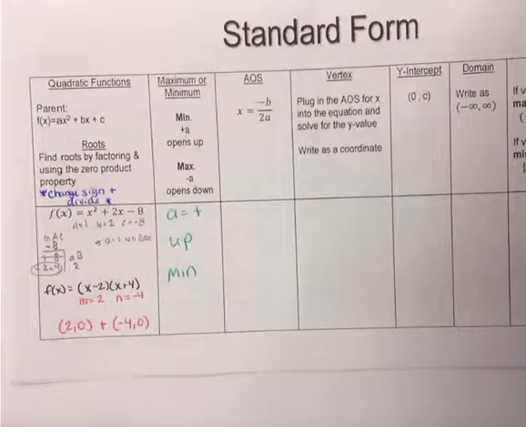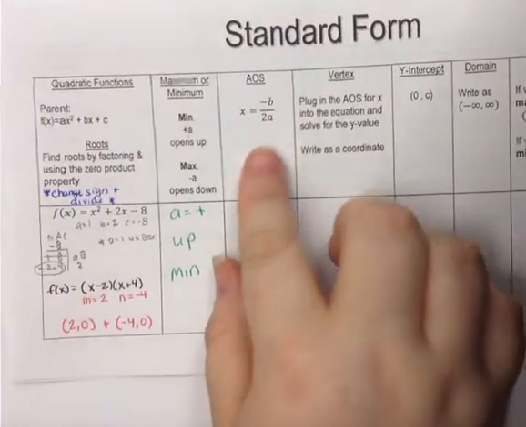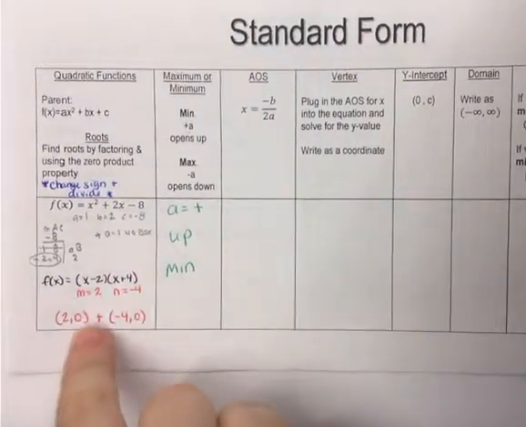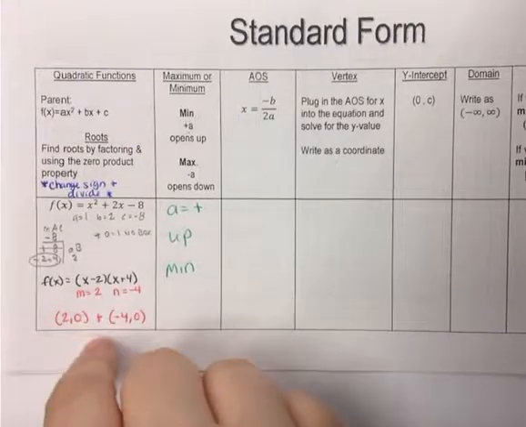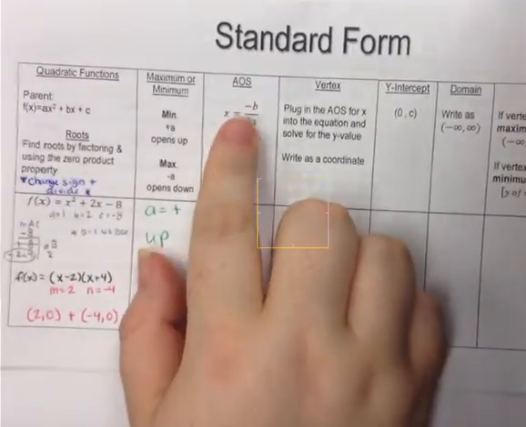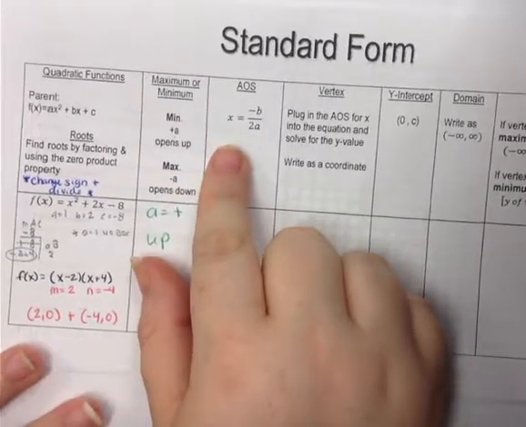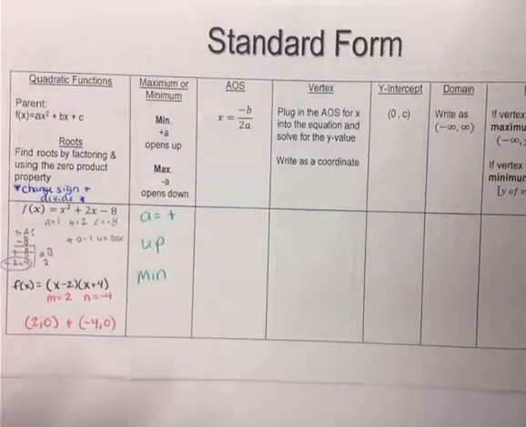Because every quadratic will always have a vertex. They might not have x-intercepts. You can still obviously do m plus n divided by 2 because you do have x-intercepts, but I'm going to use this format to show you how to find the axis of symmetry if it's not factorable.